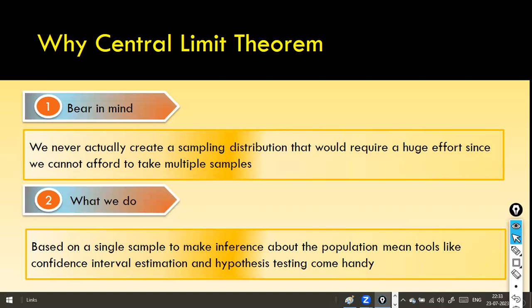Instead of drawing all possible combinations of samples from a huge population, which is practically impossible, can I use a single sample to make an estimation about the population mean? Yes, that is where the confidence interval technique comes in. The engine driving it is nothing but your central limit theorem.